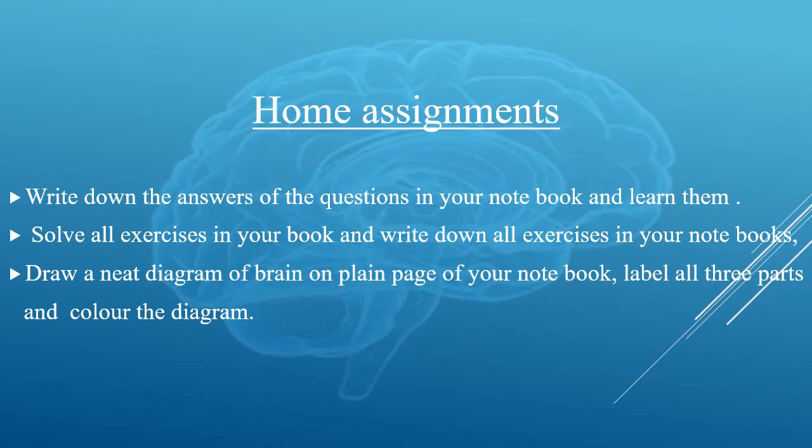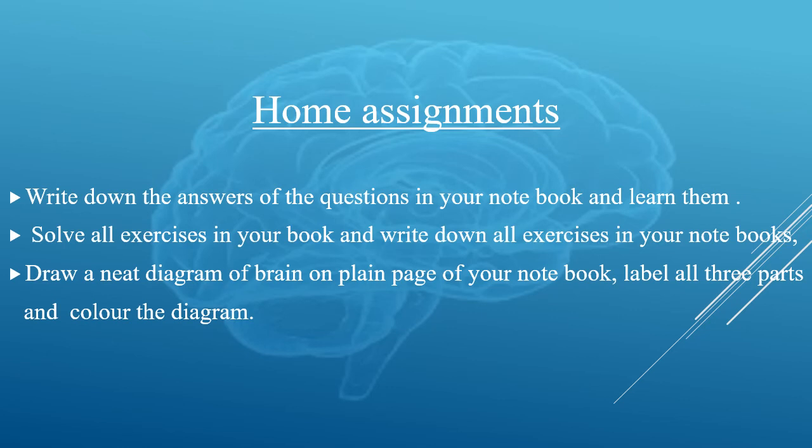Dear students, after completing unit number 1, I'm going to give you some home assignments to complete in your notebooks. Do it neatly with your pen, with a double line notebook and with a plain page. The first thing you have to do is write down the answers of these questions in your notebook and learn them by heart.